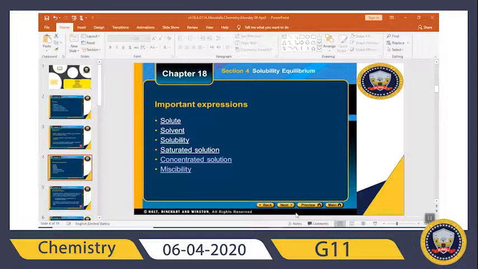The next expression is concentrated solution. What's the difference between a saturated solution and a concentrated solution? As mentioned before, we understand the meaning of a saturated solution. A concentrated solution is different.